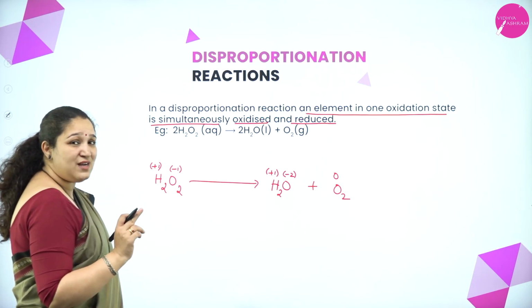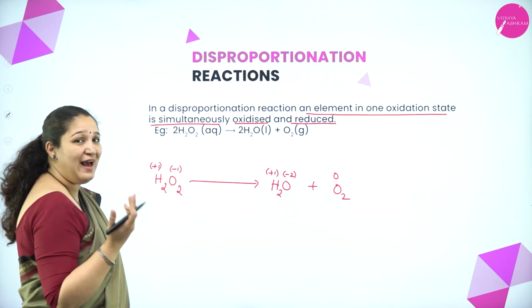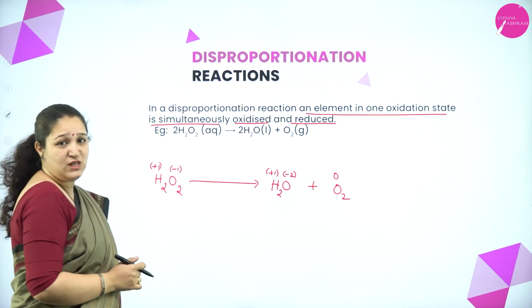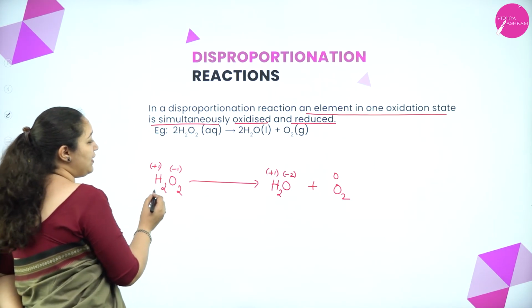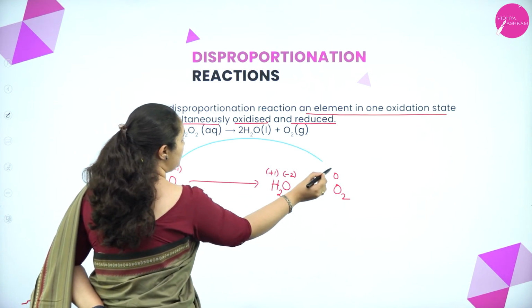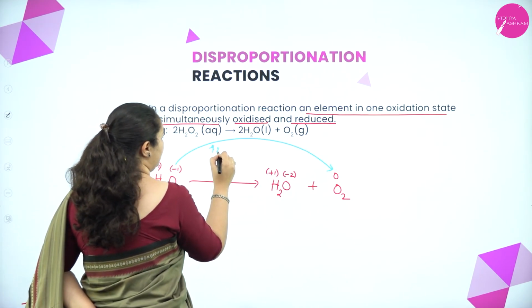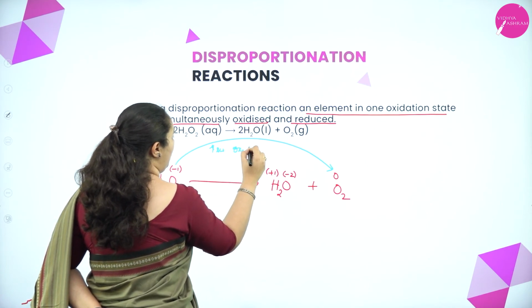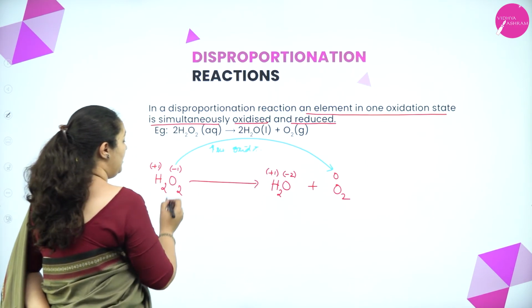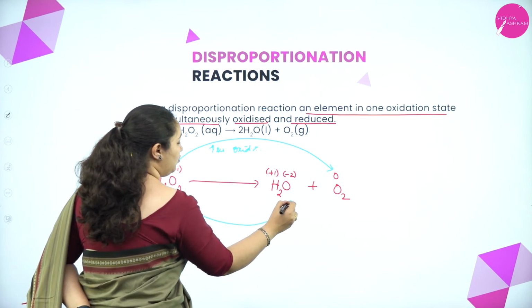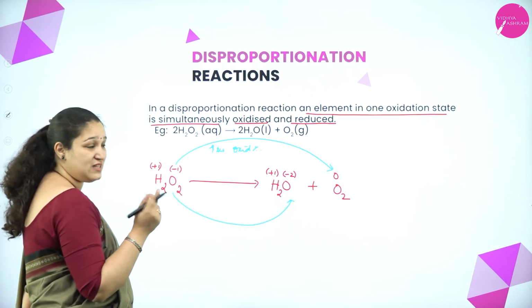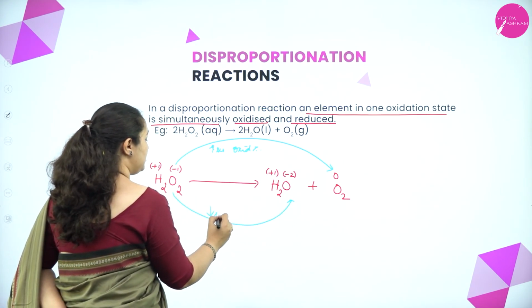Now, what is undergoing both oxidation and reduction? If you see oxygen, -1 state to 0, it is increasing, correct? So this is oxidation reaction. -1 state to -2 state means it is decreasing oxidation number.